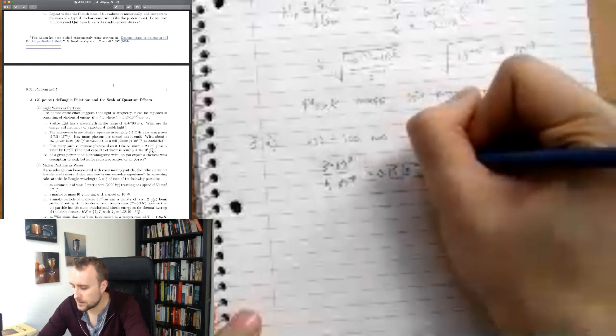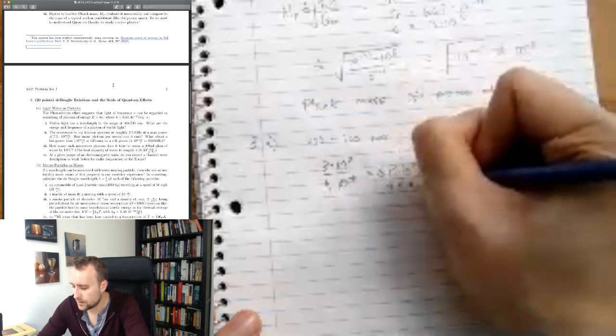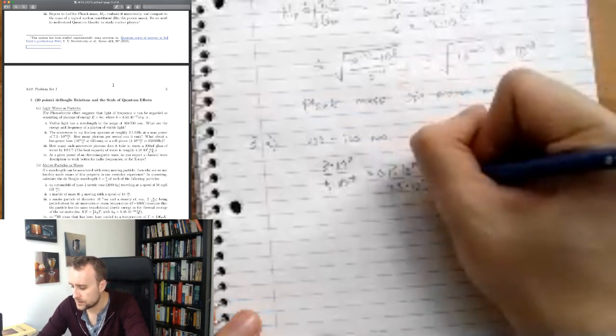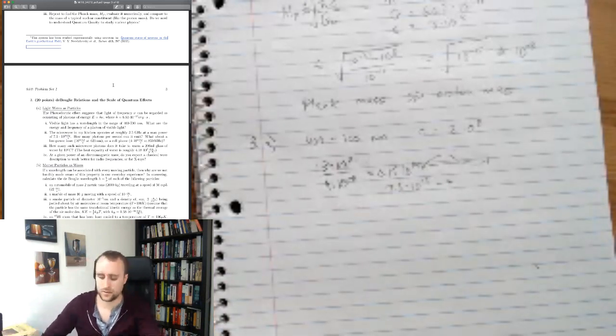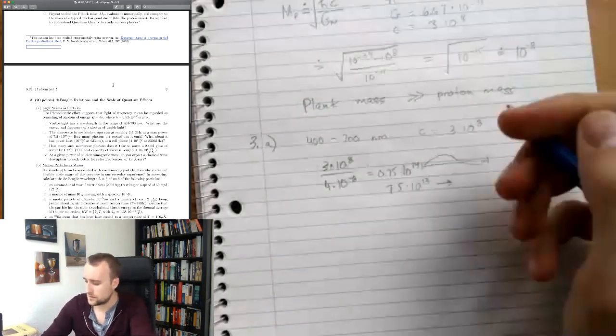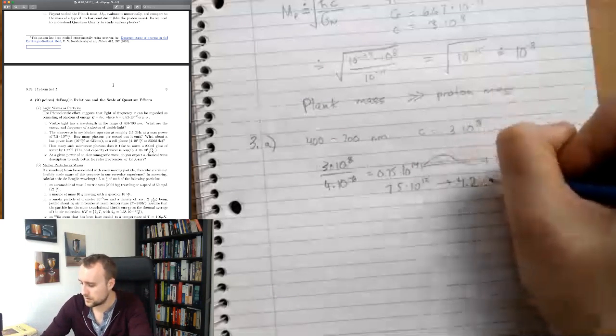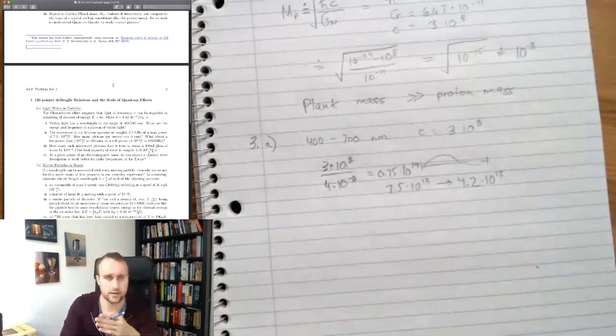That is 0.75 times 10 to the 15, or 7.5 times 10 to the 14. For 700, it's going to be 3/7, which is roughly 0.42, so 4.28 times 10 to the 14 hertz.